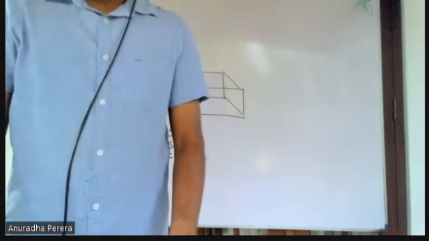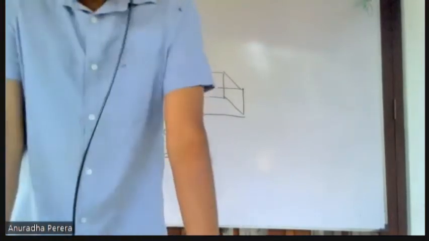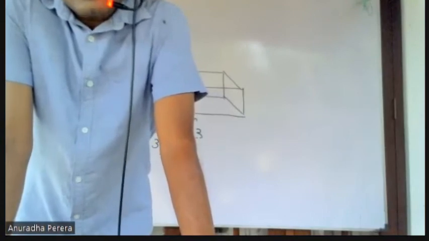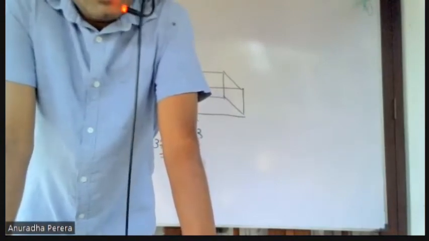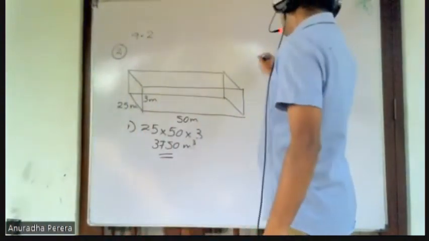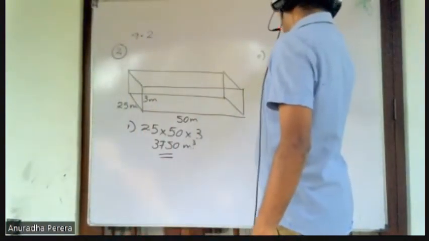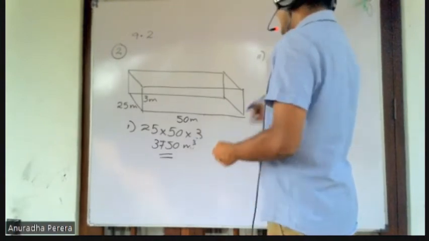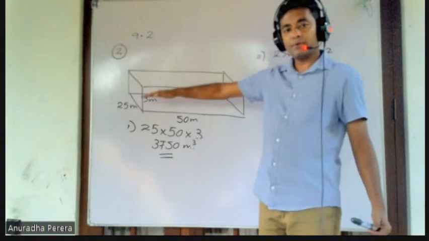The second one: if the swimming pool is filled with water up to a height of 1.2 meters, what is the volume of water in the swimming pool in liters? Now multiply this 25 into 50 by 1.2. The water level is 1.2 meters.